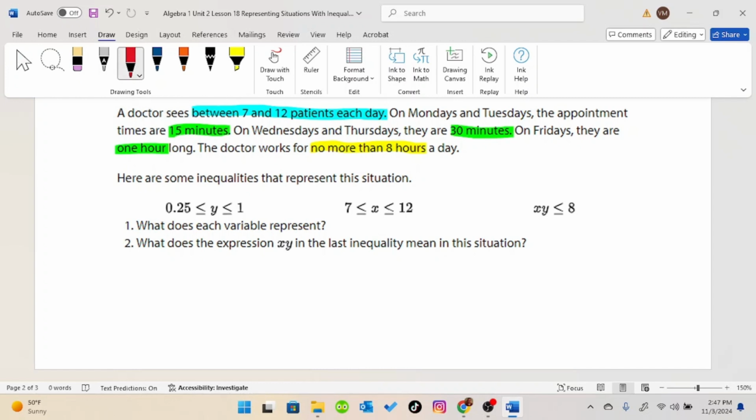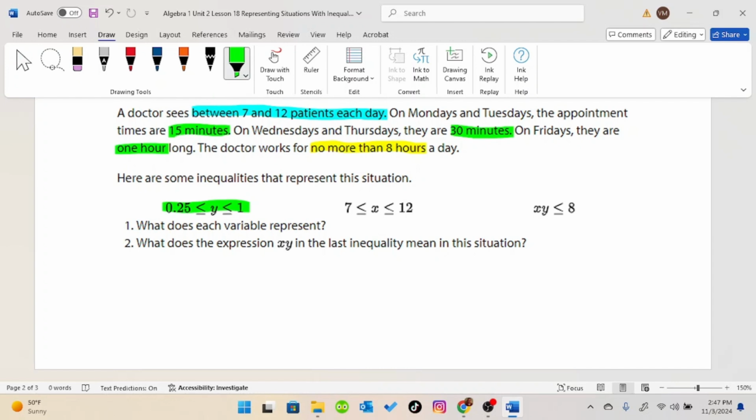So the first one is y, and we know that y is at least 0.25, which is the same as 1/4. And we know that it's no more than 1. So if we look up at our highlighted areas, this matches the highlighting in green. 15 minutes is 1/4 of an hour, or 0.25.